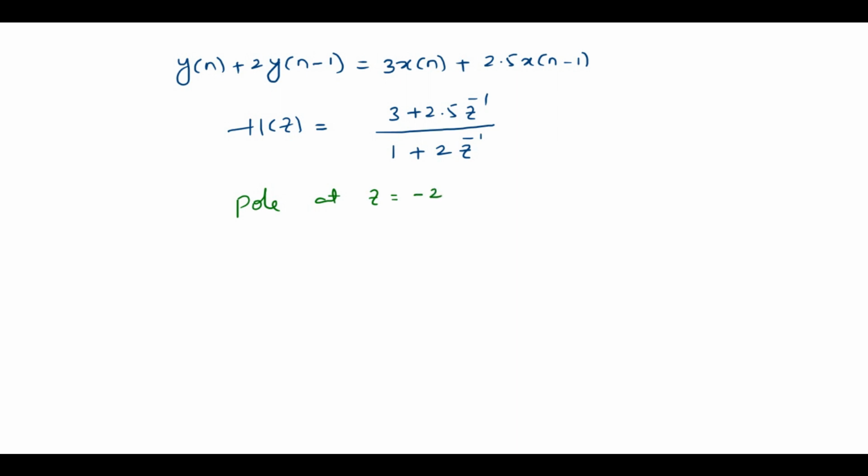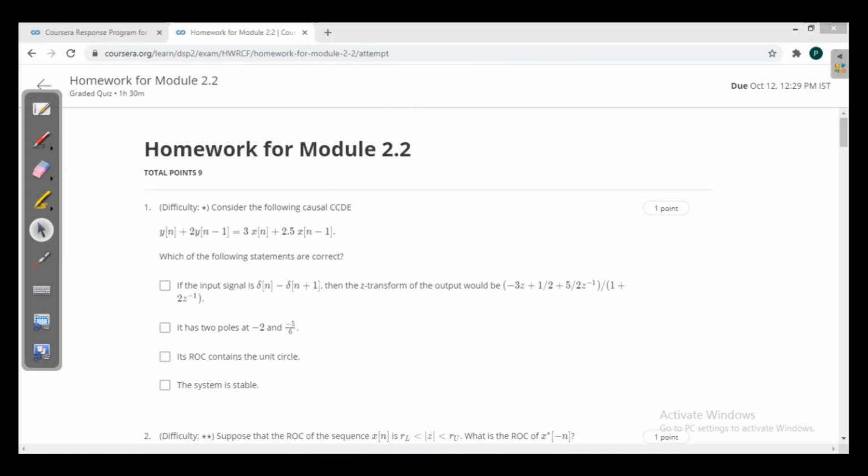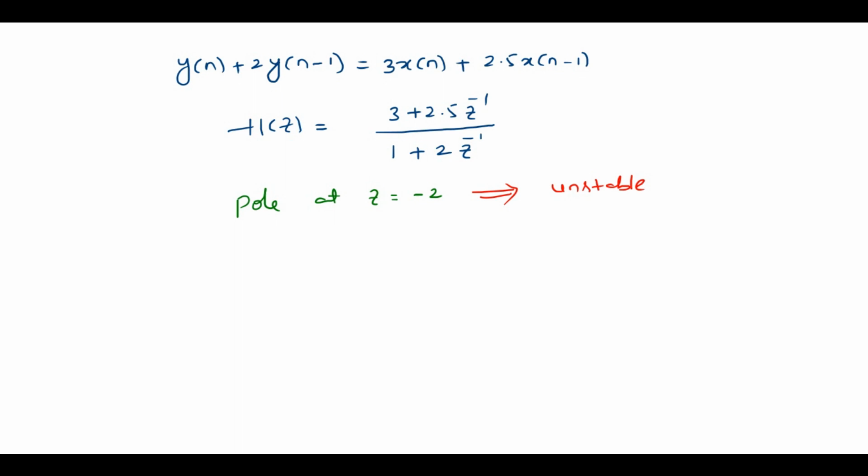Simply, the pole is outside the unit circle, so the system is unstable. System is unstable. Okay, and see the pole is at z is equal to minus 2.